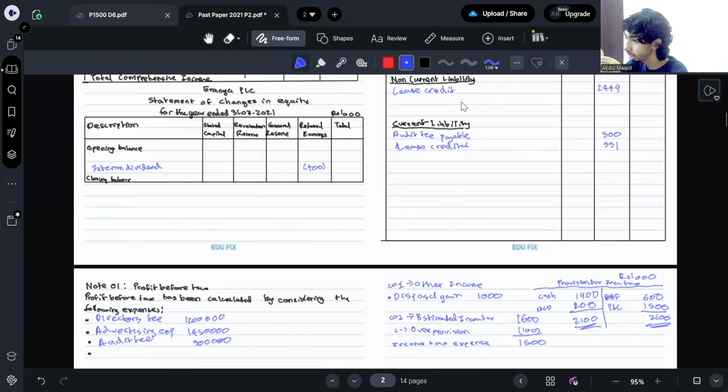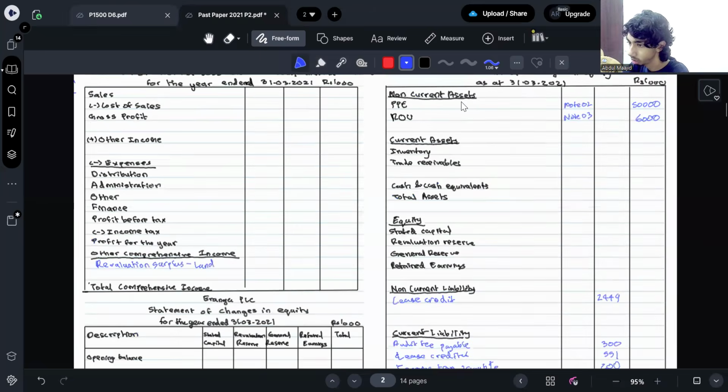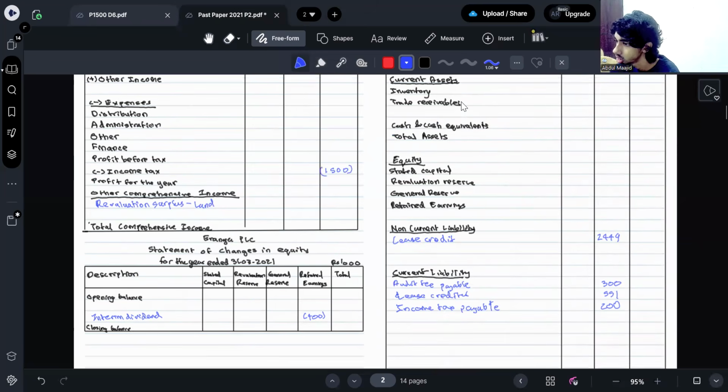So you can record the payable amount here in current liability, income tax payable, or you can say provision for income tax would be a better term, 200. And for the other amount, 1,500, you can record it here, income tax, 1,500. Okay, then that is done.